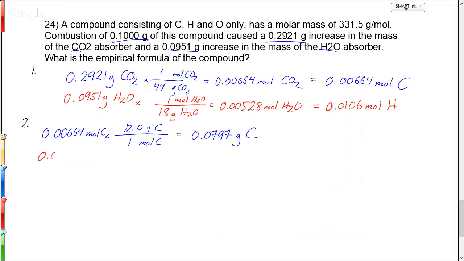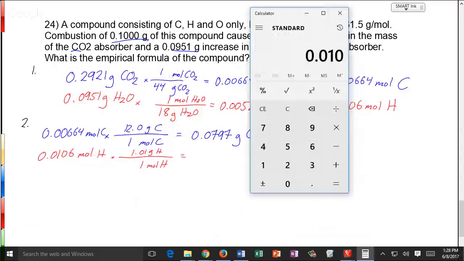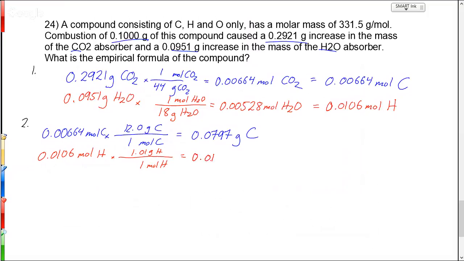Same thing with hydrogen, 0.0106 moles of hydrogen times 1.01 grams per mole gives the grams of hydrogen.